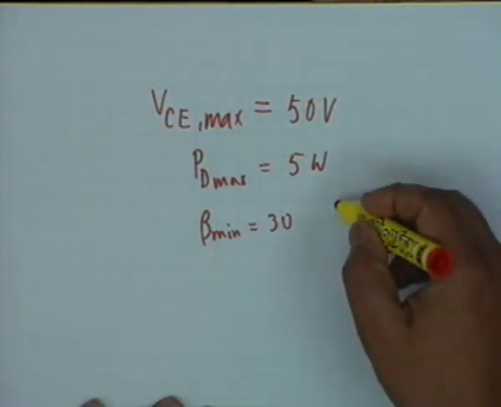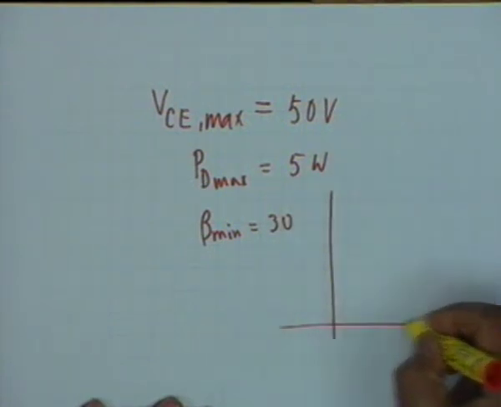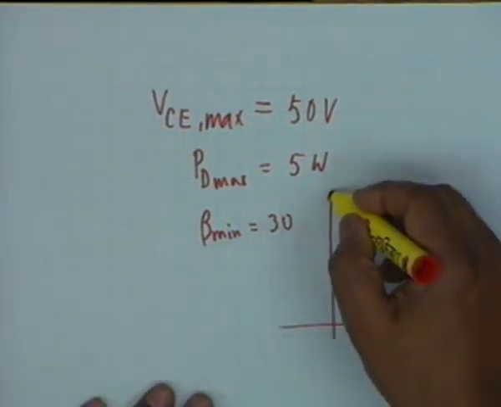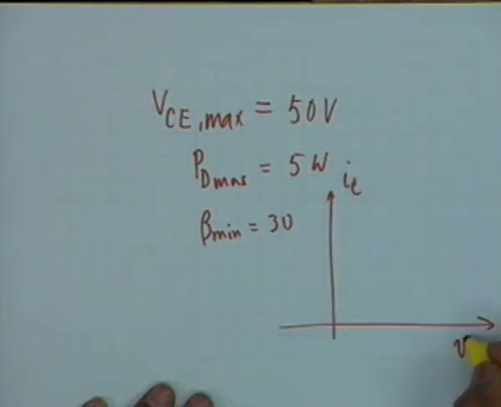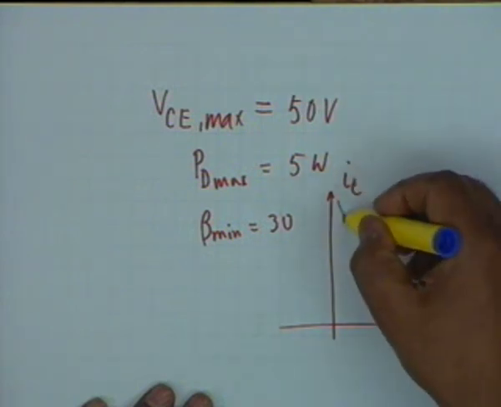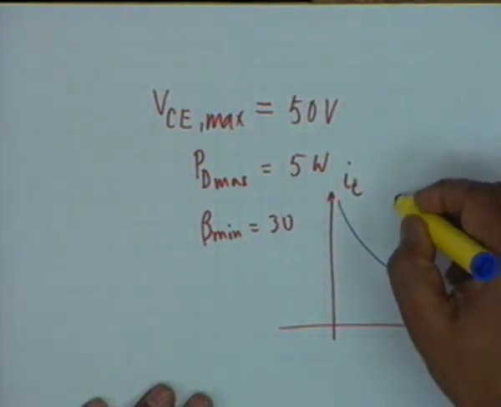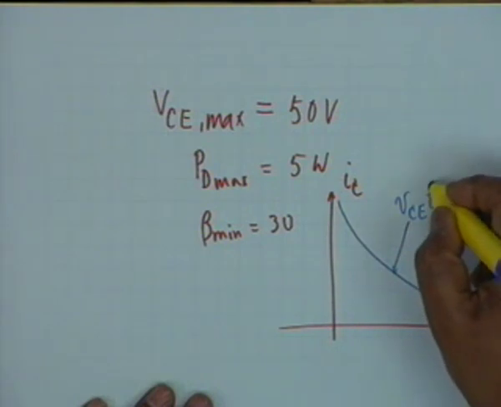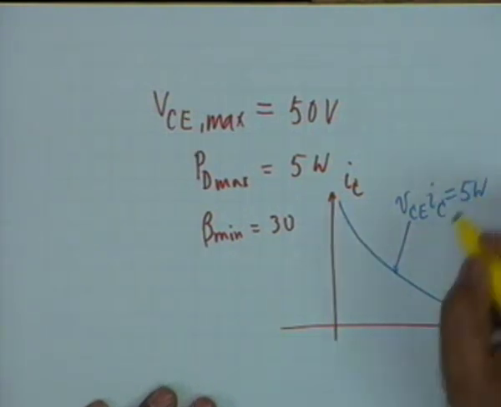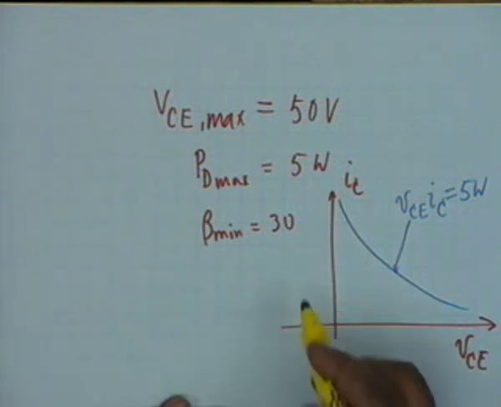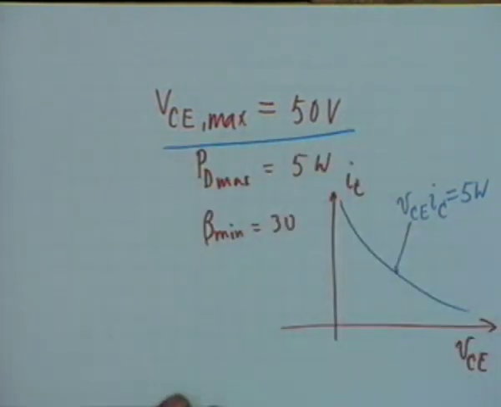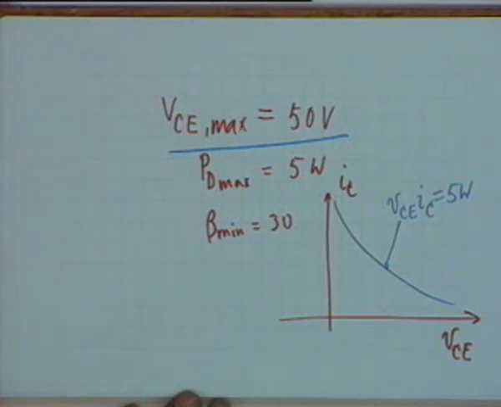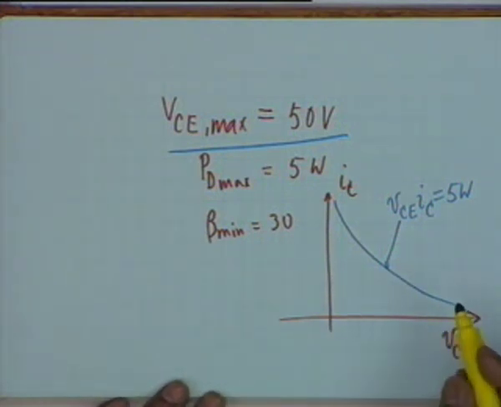Then obviously what you do is you look at the transistor characteristics, I sub C versus VCE characteristic. In these characteristics you draw the PDmax line, that is a line in which VCE times I sub C is equal to 5 watt. Then your VCE max is 50, so you prefer to go to the high voltages rather than high currents because the characteristics are more linear.